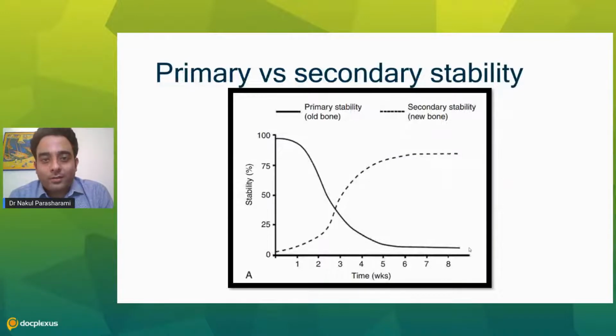I would also like to discuss in detail the primary and the secondary stability. Osseointegration basically requires bone apposition on the implant surface without any kind of micro movement. Once the implant is inserted, the stability of the implant achieved is completely mechanical, which is called the primary stability of the implant.